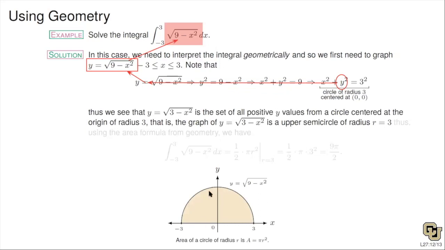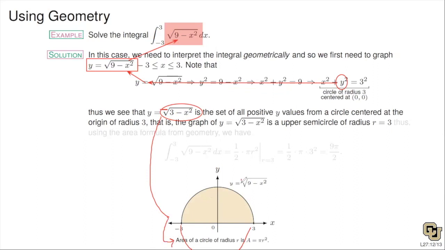So here, if you look at the circle, in fact, it's the positive y values because this is a positive square root. If there was a minus sign in front of it, it would be the negative square root, and then we'd be looking at the bottom half of the circle.